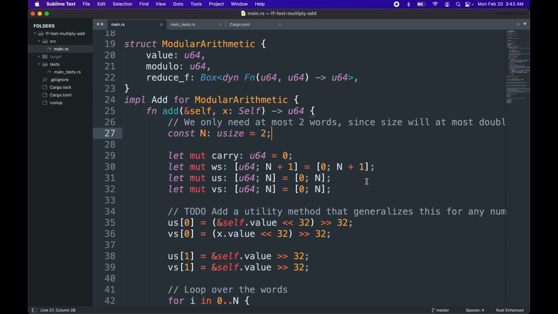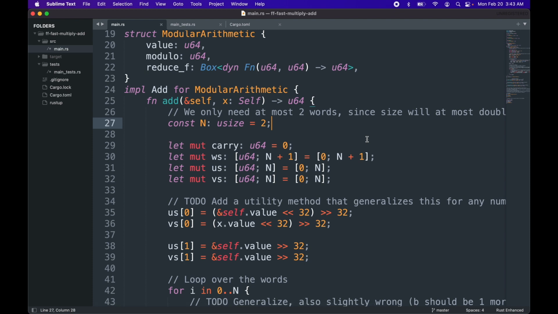You can take each of the values and break it up into words. Because, for example, if you had two max size values and you added them together, they would overflow, right? As soon as you go one past max, you have overflowed.